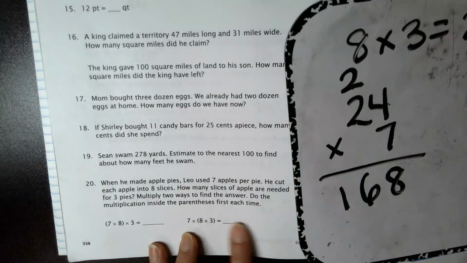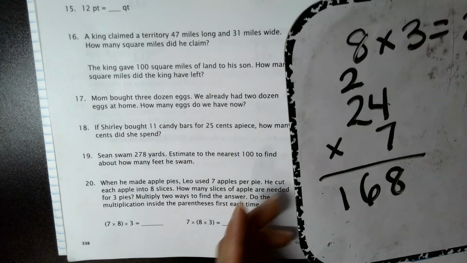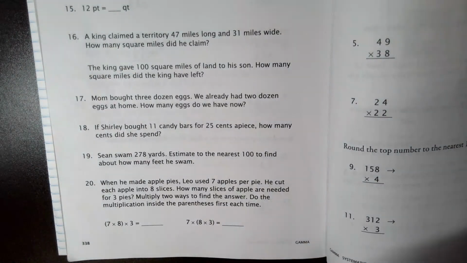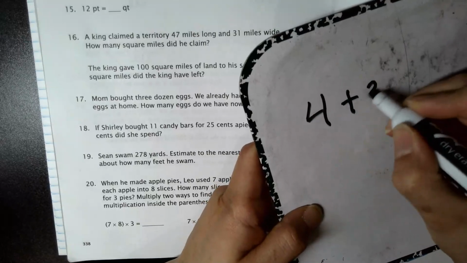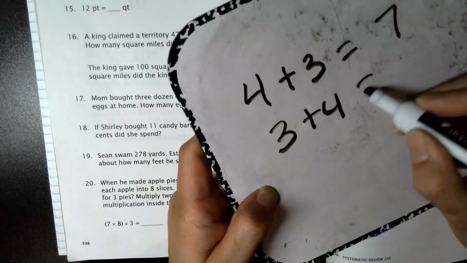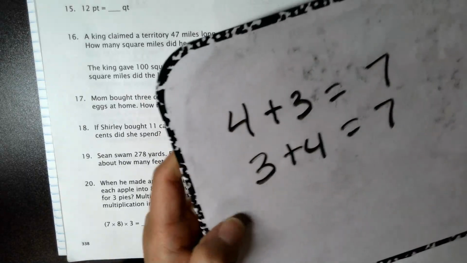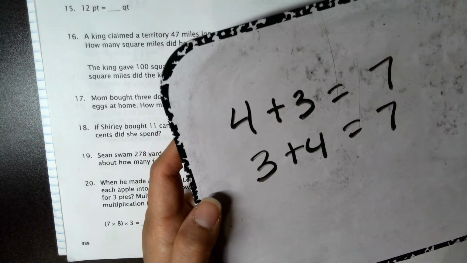So regardless of how you multiply, in what order, if you're only doing multiplication, you can multiply all of your numbers and you'll get exactly the same answer. Because multiplication is adding by grouping. If you add 4 plus 3, it equals 7. And if you do 3 plus 4, it equals 7. It doesn't matter how you put the numbers, it's still going to be 7. That's the same thing with multiplication.